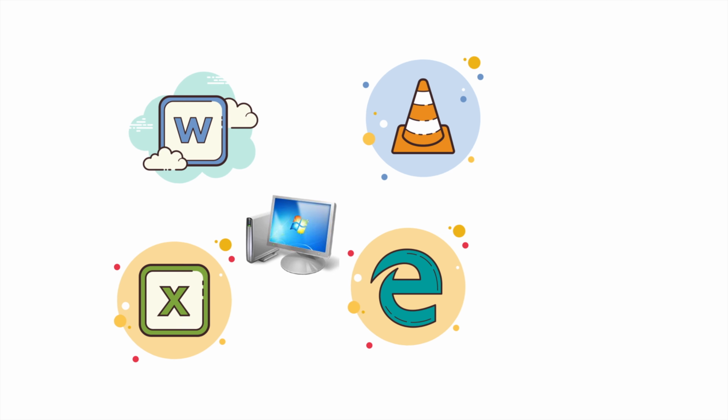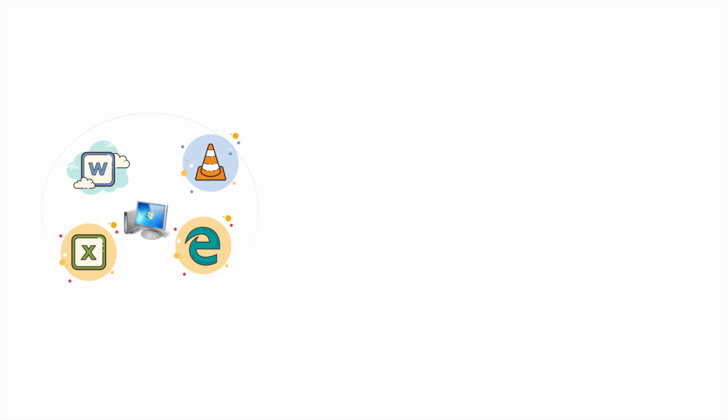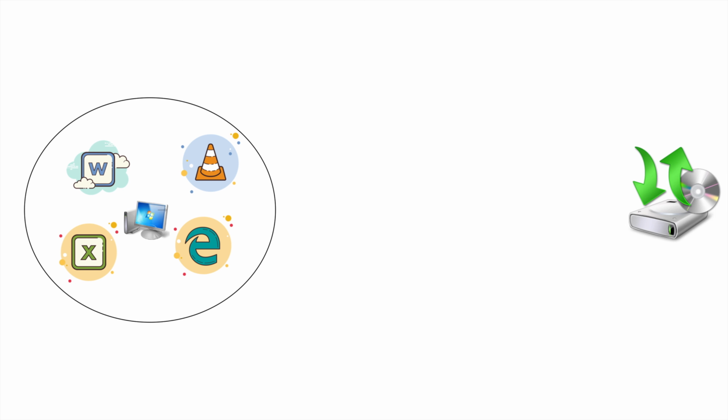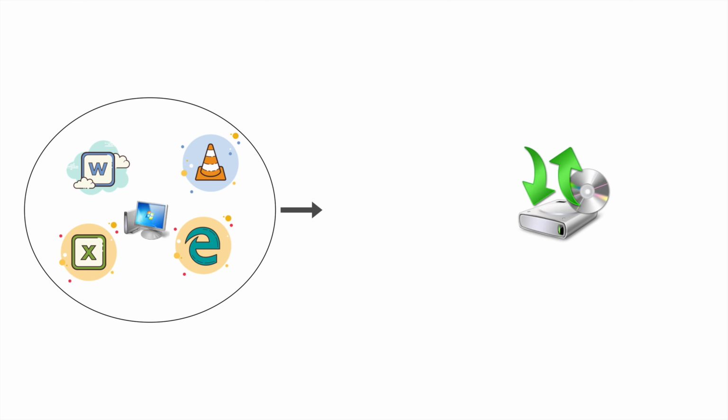Then I learned how to make a snapshot of my freshly installed operating system and applications and stored it on an external hard drive and restore it when it was needed. Similarly, you can take any environment that you use for development or production.